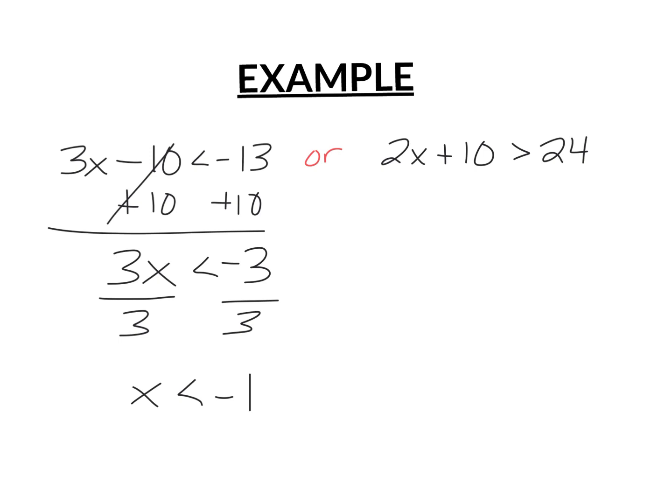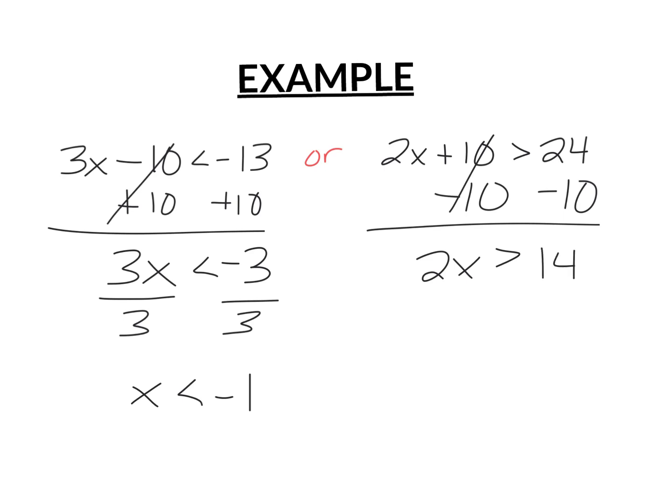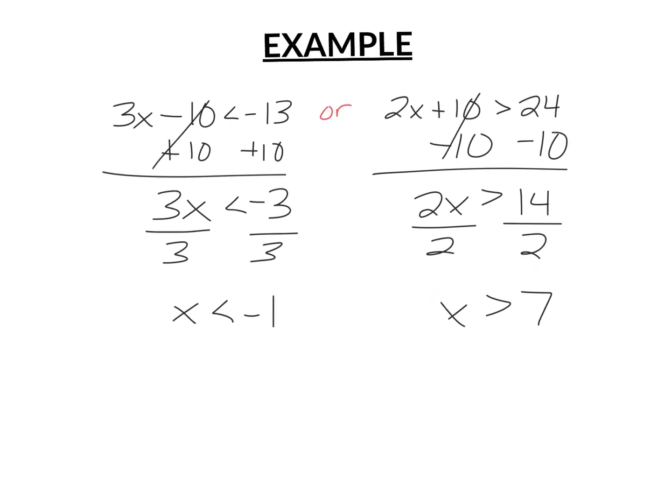Okay, on the right, what do we do first? Subtract 10. So we have 2x is greater than 14. Last step. Divide by 2. We get x is greater than 7. What statement are we working with, and or or? Or, remember, it's always going to tell you if it's and or if it's or. Okay, so what's our graph going to look like?